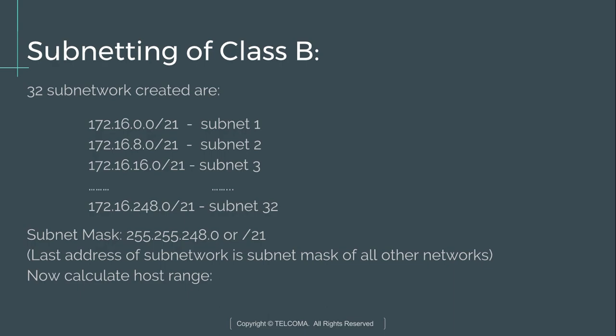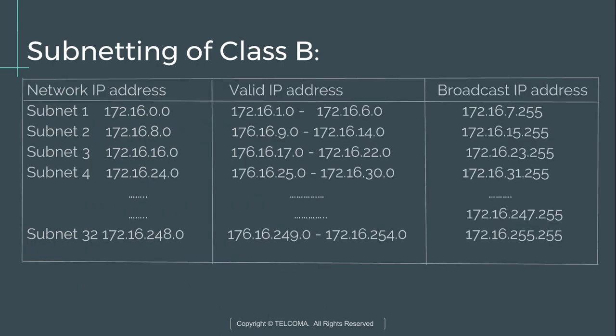The last subnetwork is subnet 32, and its IP address is 172.16.248.0. Now we have to calculate the host range, or the valid IP range. Here we have shown each subnet with its network IP, its broadcast IP, and the valid IP addresses or host range. Each subnet has its own network IP, broadcast IP and valid IP range.